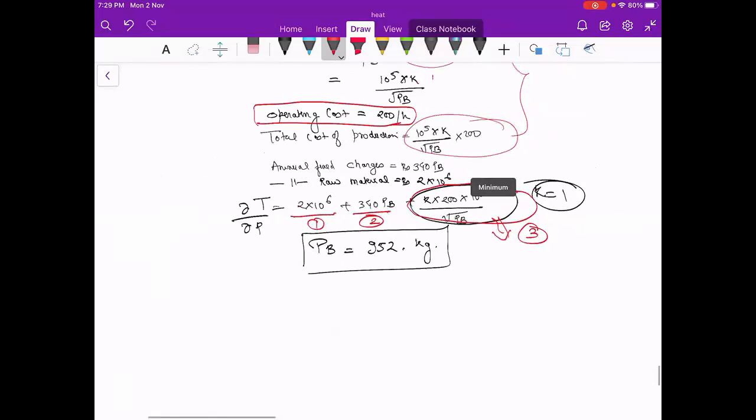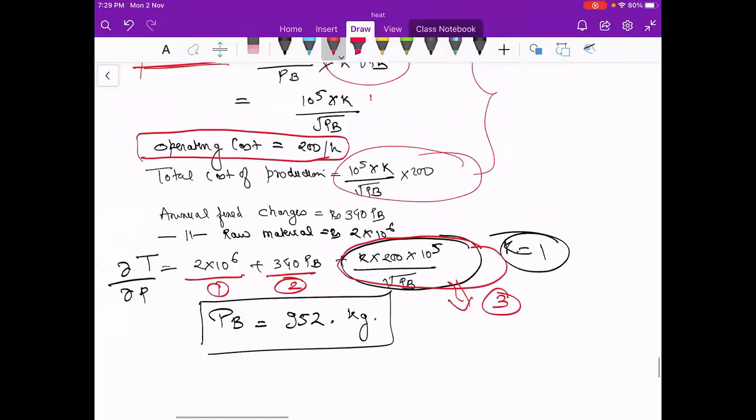This is a GATE question. It is somewhat typical. Framing the equation is very difficult. That's why I told you, if the equation is directly given, then it is again an optimization question. Sometimes they may give you the direct equation, and that is your luck factor.